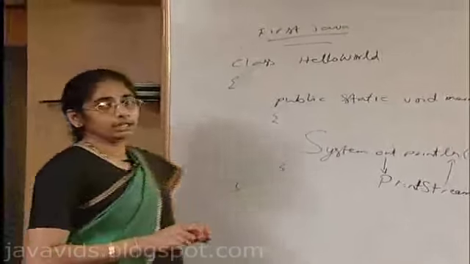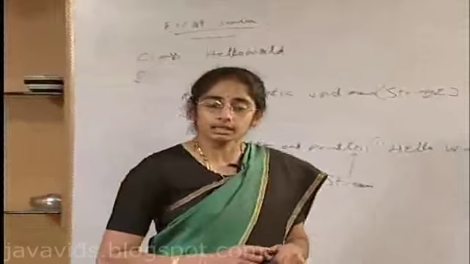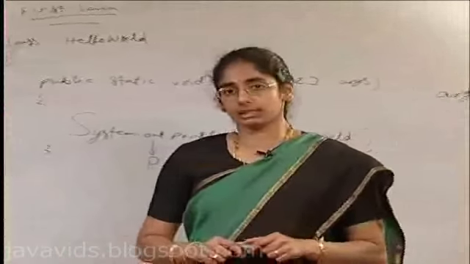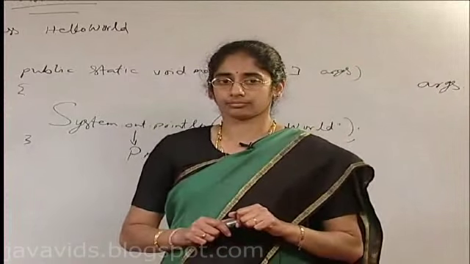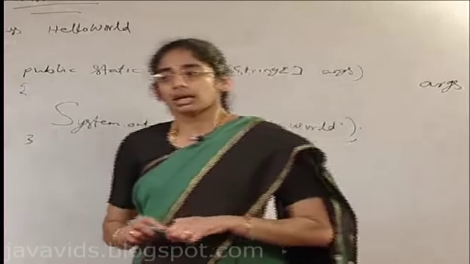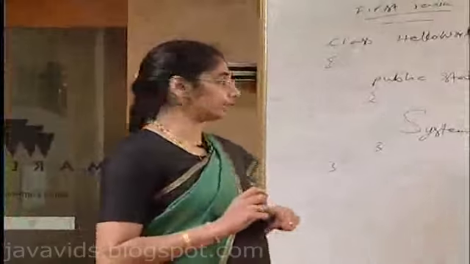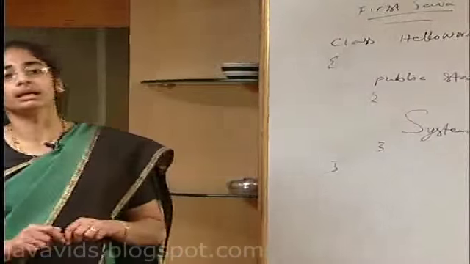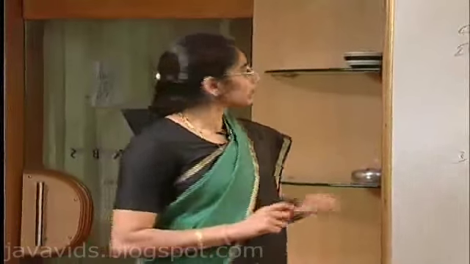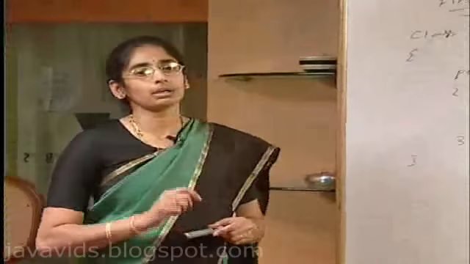In a Java file, we can define any number of classes. Out of the n number of classes that you define in a Java file, only one can be public, because the name of the file has to be the public class name.